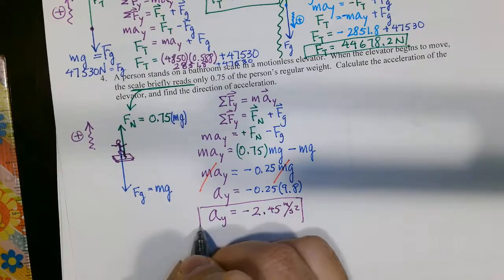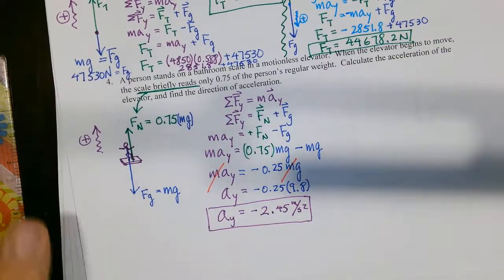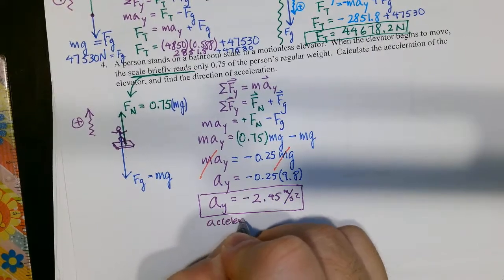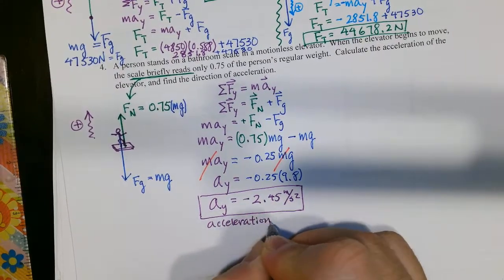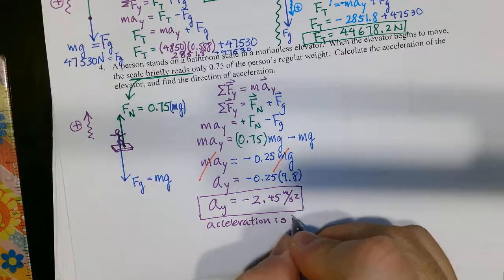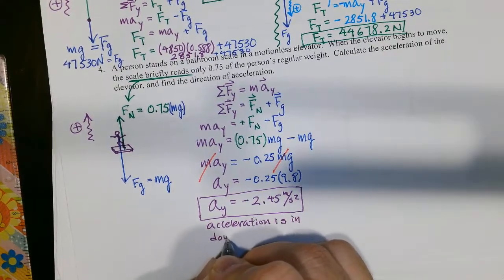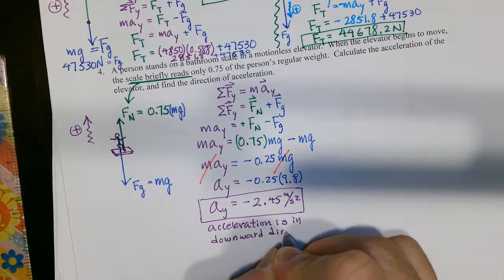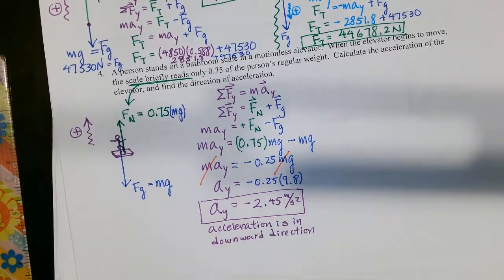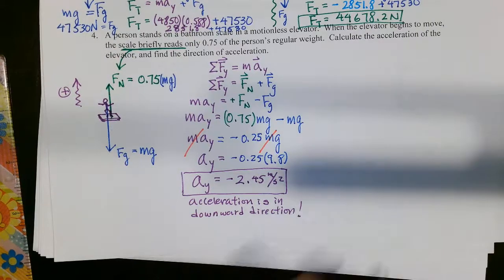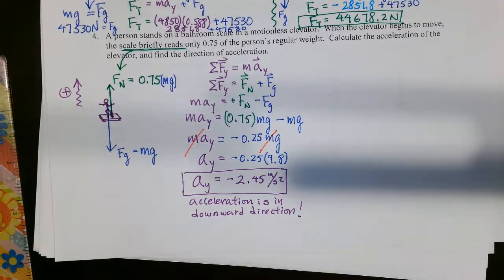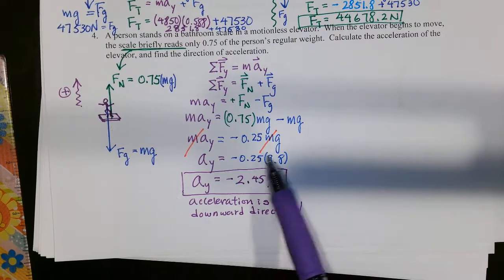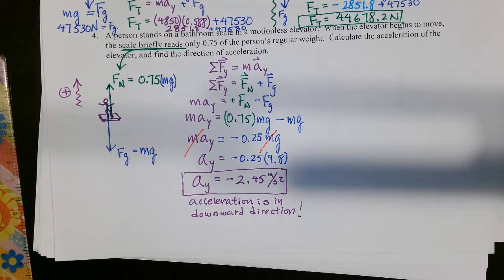And since we assume the up direction to be positive, the acceleration then is in the downward direction. Okay? Downward direction. So notice how mass is independent. Okay?